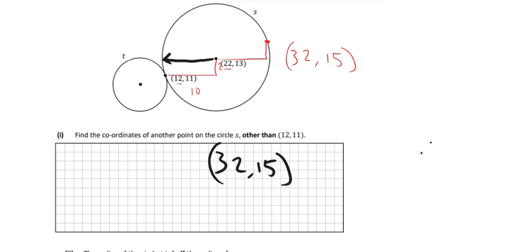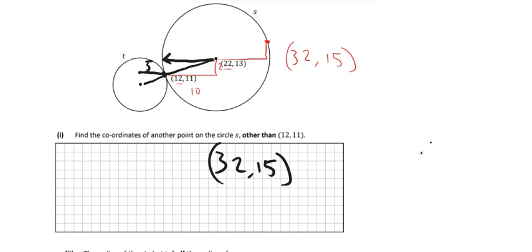Therefore, if everything is halved, whatever the radius was there, it's going to be half here. So to get from this point to (12, 11), you're going to have to go half of that now. In the first part, we went 10 across, so we're going to go 5 back here.